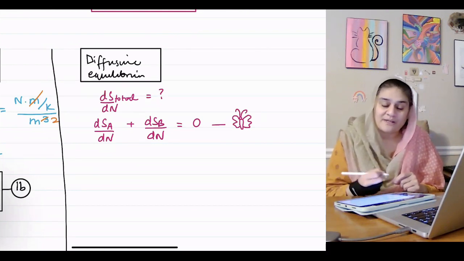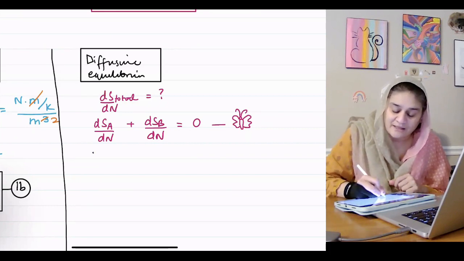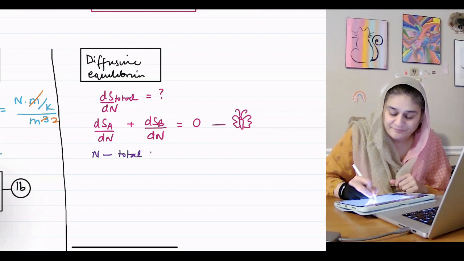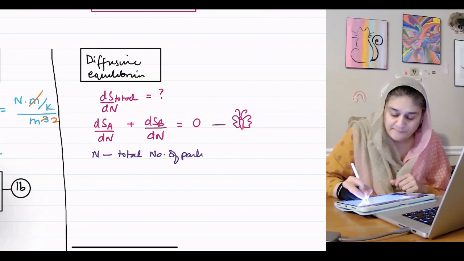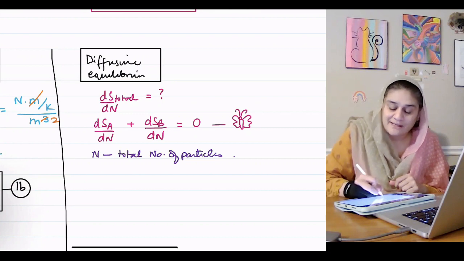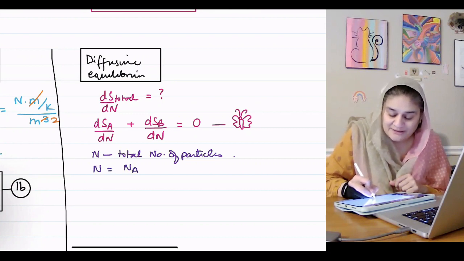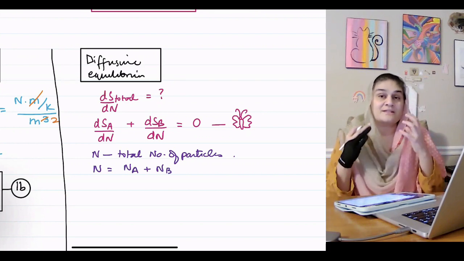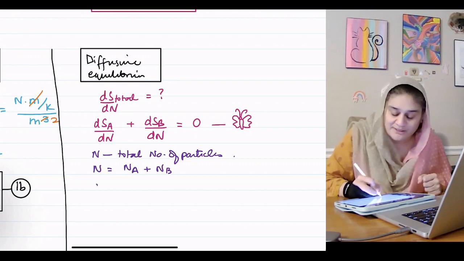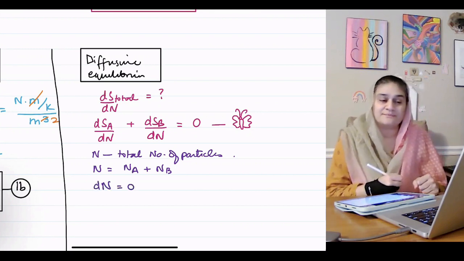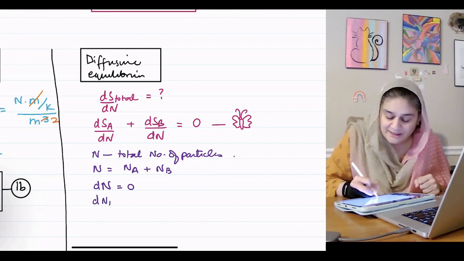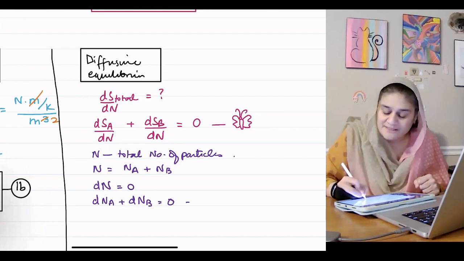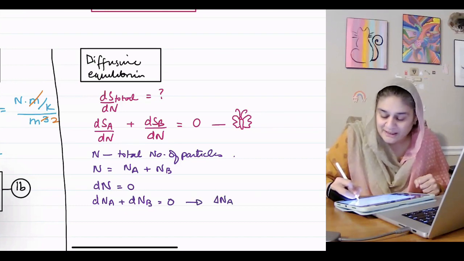Now, I know that the system contains N total number of particles, which means N must equal the particles contained in A plus the particles contained in B. Now, since this is diffusive equilibrium, I know that dN must equal 0, or dNA plus dNB must equal 0. This implies that I can write dNA equals minus dNB.